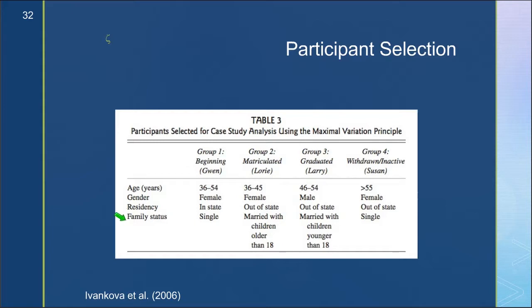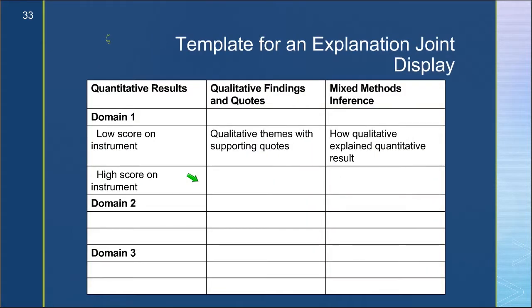Family status also was something that they apparently sought variation on. So within each of these, then, for each group, she presents some details, some of these characteristics, age, gender, residency, family status, about each of these cases that were selected. And again, it's being systematic about that selection.